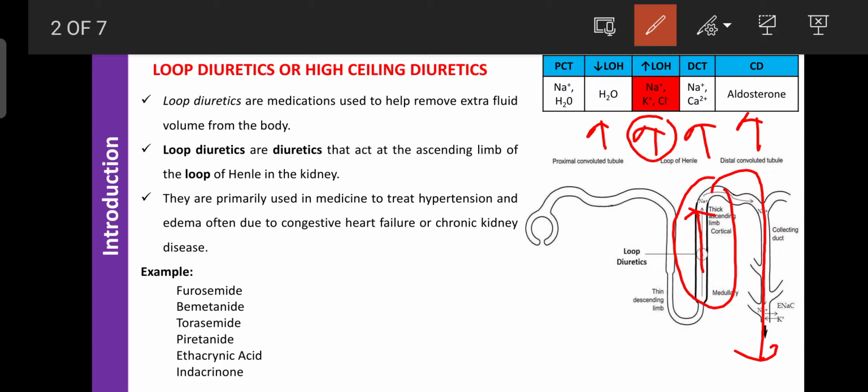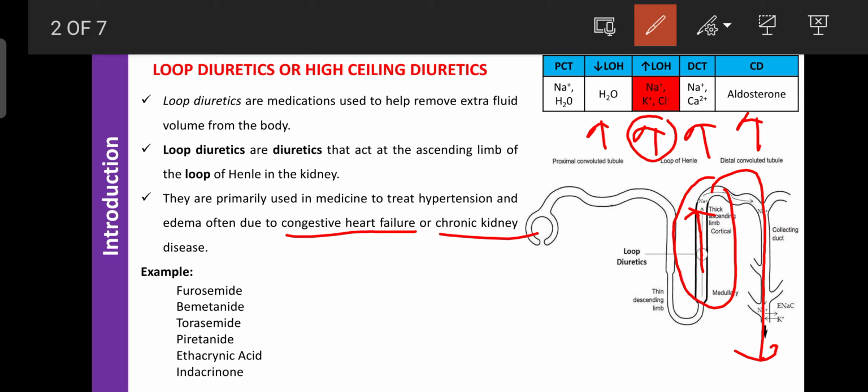Like that, loop diuretics inhibit the reabsorption of sodium, potassium, and chloride by acting on the ascending loop of Henle. Due to that property, they remove the extra fluid volume from the body, so they are helpful for the treatment of congestive heart failure as well as chronic kidney disease or damage.